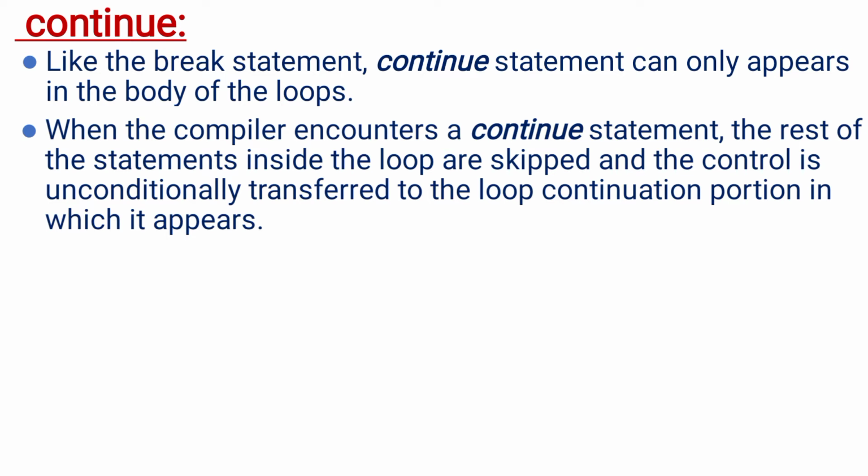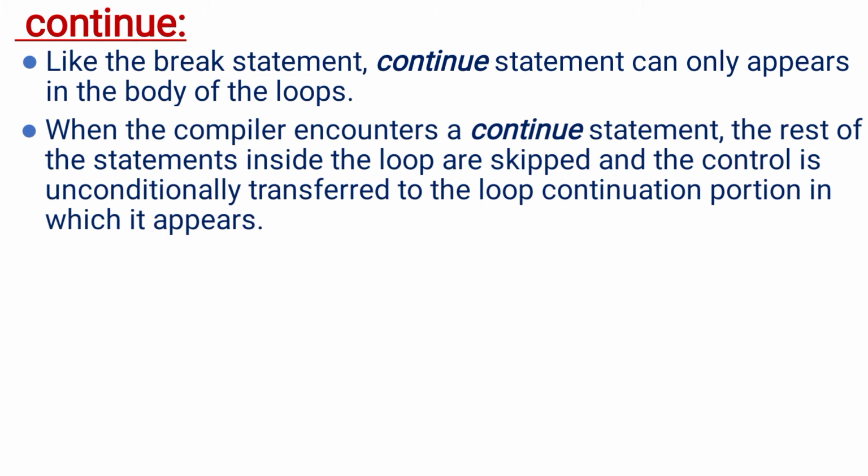So whenever the compiler encounters the continue statement, whatever statements are written after the continue statement within the loop are skipped, means they are ignored and not executed, and from that continue statement the control is unconditionally transferred to the loop continuation portion, means checking the condition.